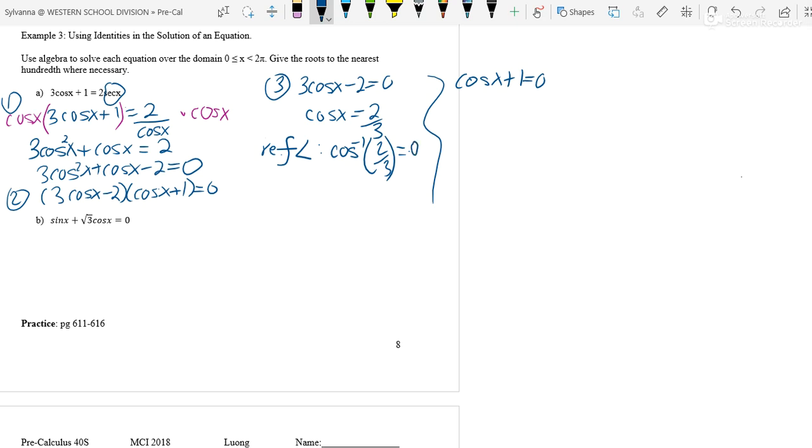Make sure that your calculator is in radians as you're doing this. Since cos is positive here, because it's positive 2 over 3, I know it's in quadrant 1, and then I know it's in quadrant 4. In quadrant 1, we already found that, that's 0.84. And then quadrant 4, it would be 2 pi minus our reference angle. And that gives us 5.44.